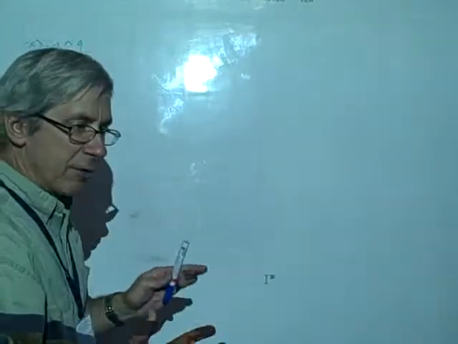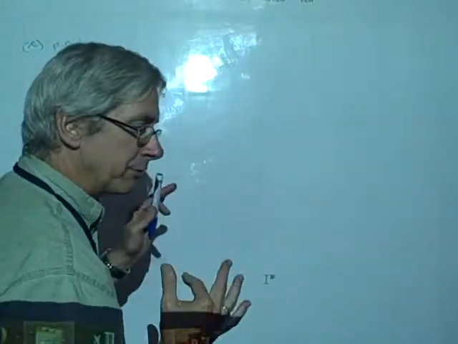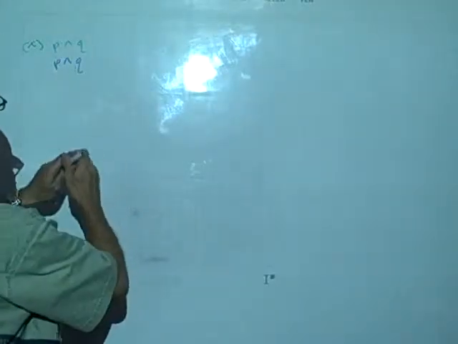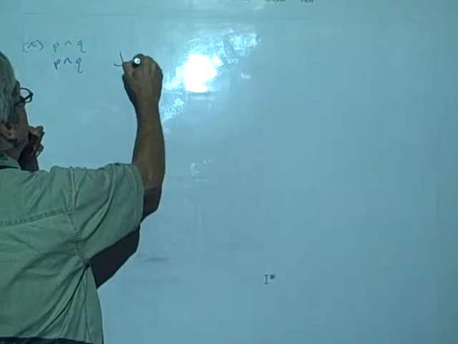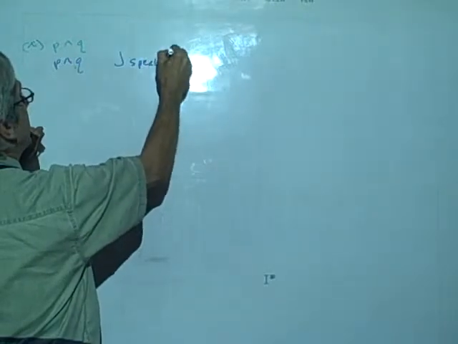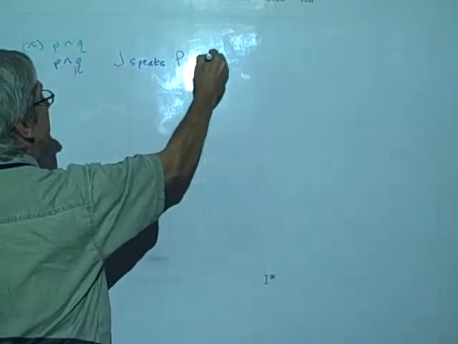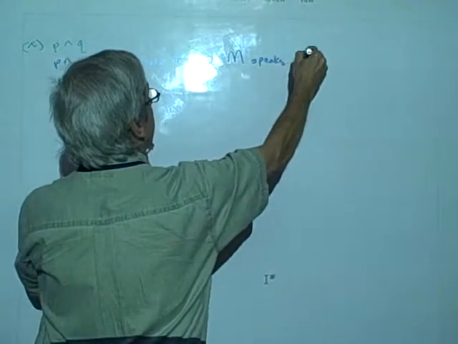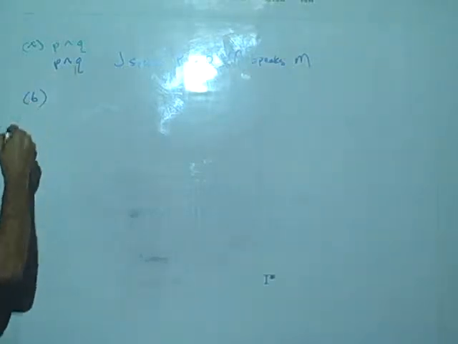I'm going to abbreviate Jorge with a J, Portuguese with a P, Mei-Ling with an M, and Malay with an M. So what I would say for P and Q is you say Jorge speaks Portuguese and Mei-Ling speaks Malay. Okay? That's A. And what about B?